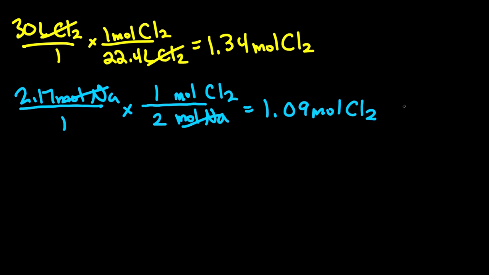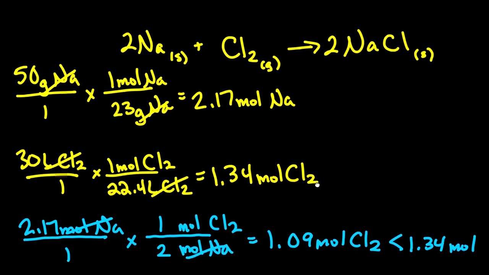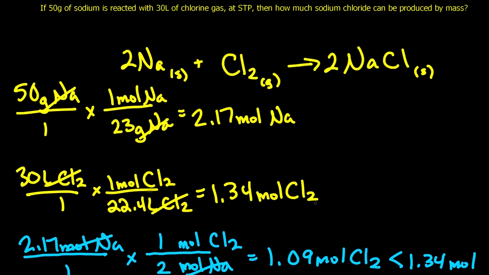I got 1.34 moles of it. I need 1.09. I got 1.34. This right number is larger. That means chlorine gas is excess. And if chlorine gas is excess, sodium is limiting. So this is your excess reactant. This is your limiting reactant.